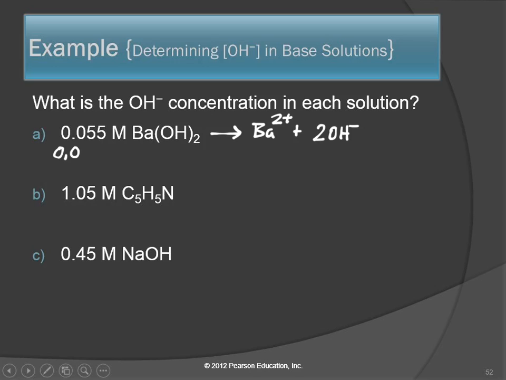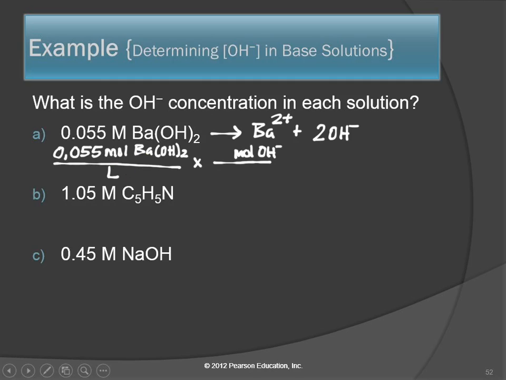So we can think of it this way, 0.055 moles of barium hydroxide per liter of solution. And this is asking, what's the concentration of hydroxide ion? Well, I want moles of hydroxide per liter.